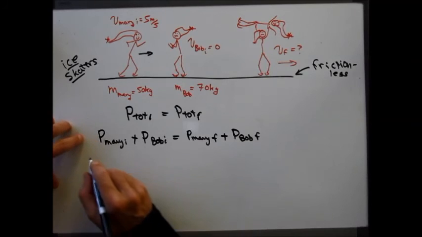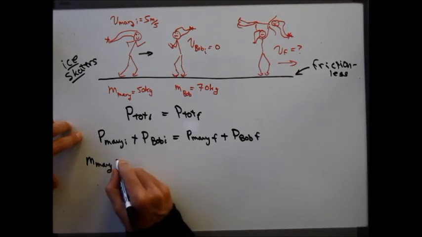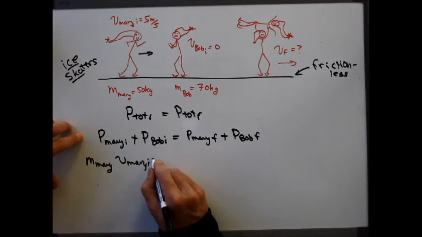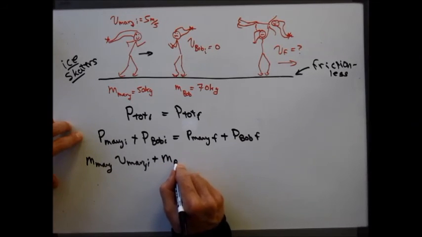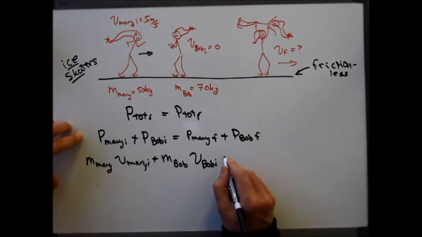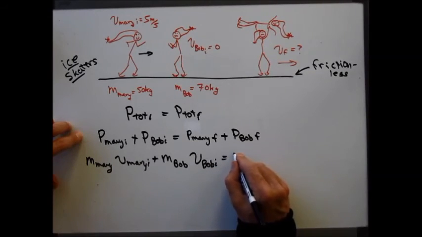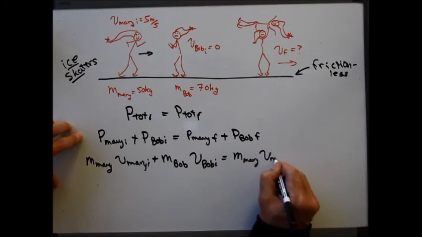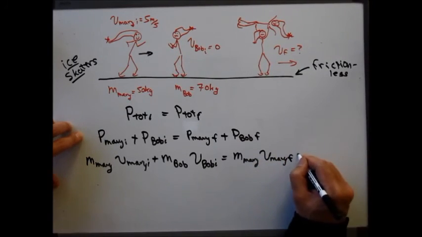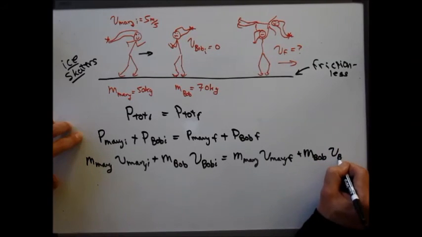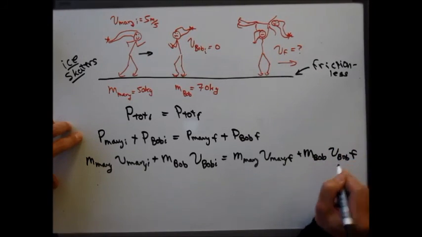Well, the initial momentum of Mary is just mass of Mary times velocity of Mary initial plus the mass of Bob times V Bob initial. And that's equal to the mass of Mary times V Mary final plus the mass of Bob times V Bob final.